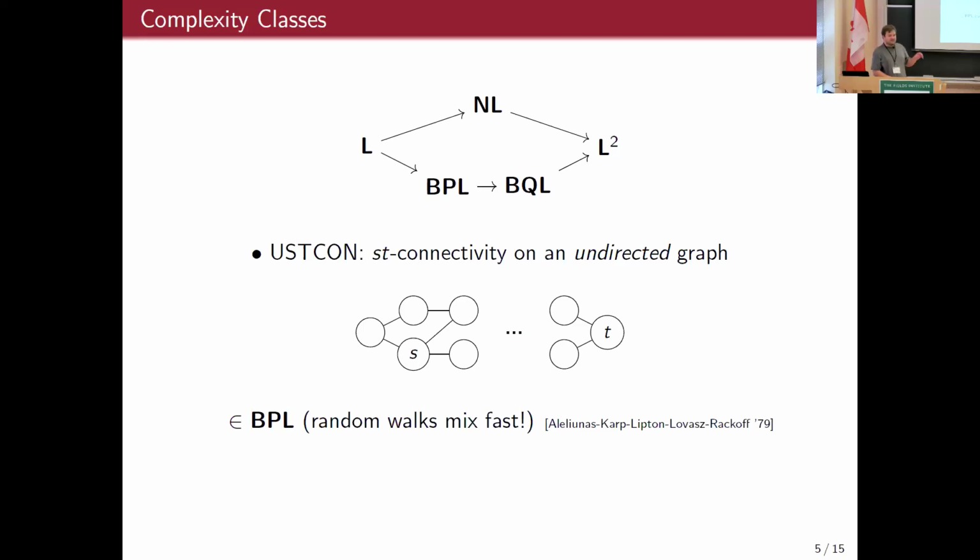It is known that for undirected graphs, after a polynomial number of steps, you are expected to find T if they are connected. The algorithm is space efficient because essentially you just need to keep track of the current node you are at and have a timer to know when to terminate the algorithm. And then the problem was shown by Reingold to be already in deterministic log space, and it's known to be complete for that.